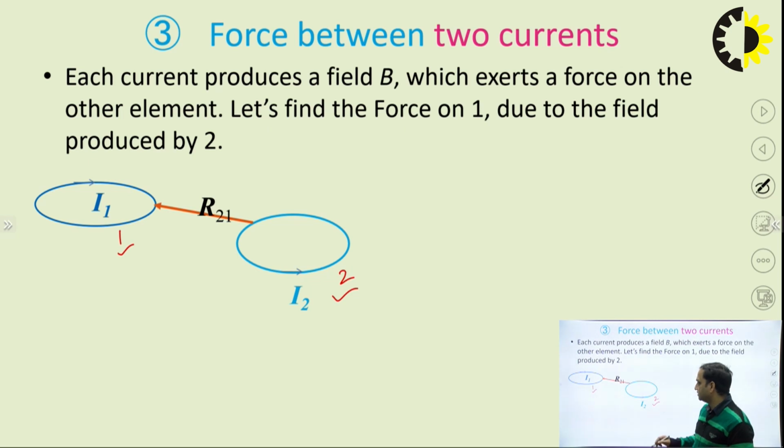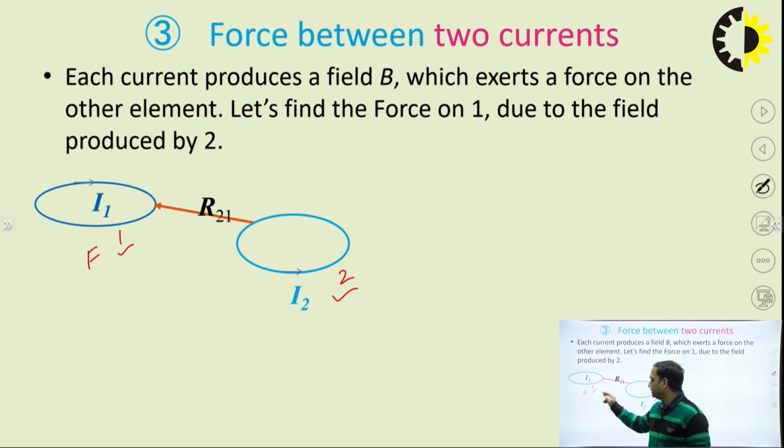So the scenario is very simple. We want to find the force here due to this, which means we have to use the magnetic field from loop number 2. This magnetic field is due to loop number 2, and we have to find the force on element number 1.